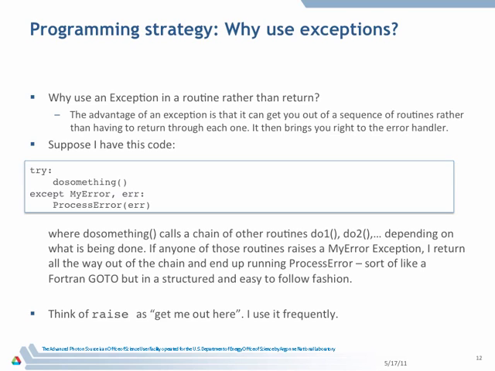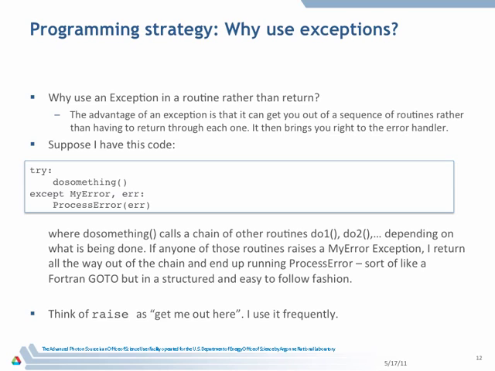So if this do something calls any other levels of routines underneath it, we really don't need to worry about where we are in that code. As soon as one of those routines does a raise my error, I'm going to go immediately to process error.